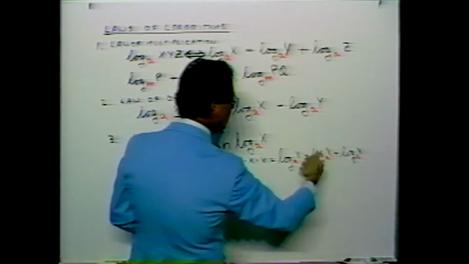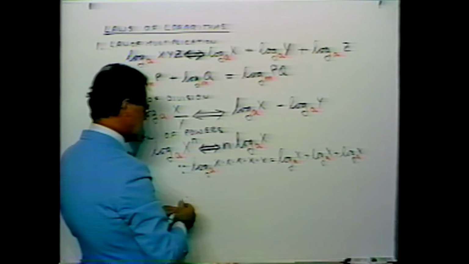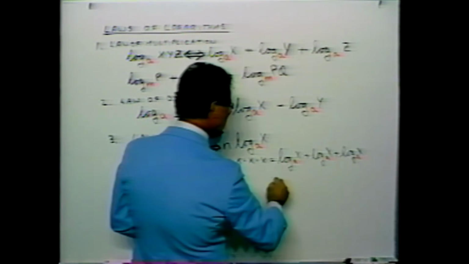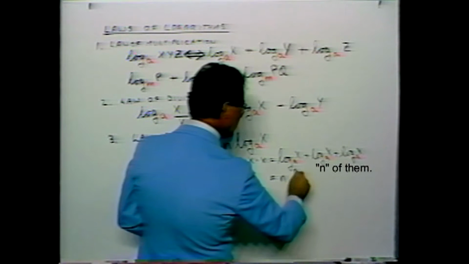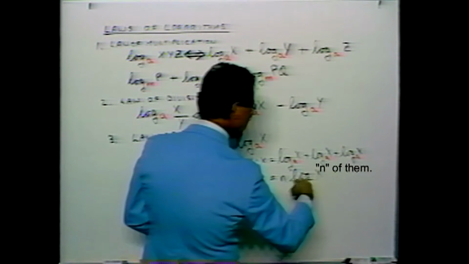And if there are n of those, then it stands to reason that n of those is expressed as n times the log of x. The properties, which I will explain, are simply an extension of the laws which I have just written, but they are worth special mention.